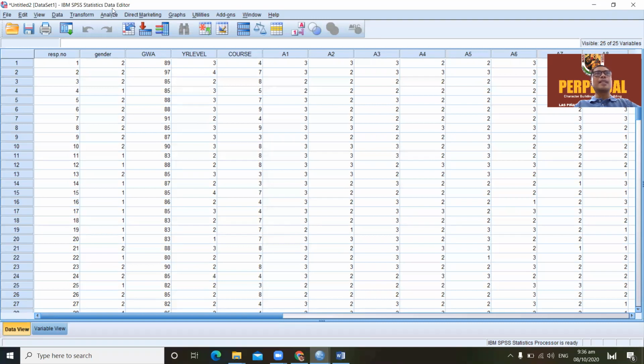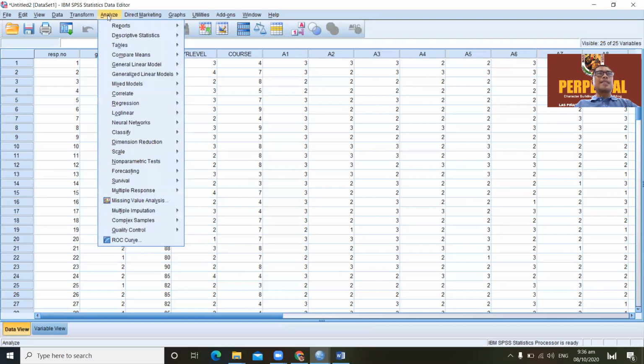What you need to do is click Analyze in here. Click Analyze, and it would ask you what to do. Since your question is describing, when you describe, it's descriptive statistics, and you would click here frequencies to know gender and also the year level.